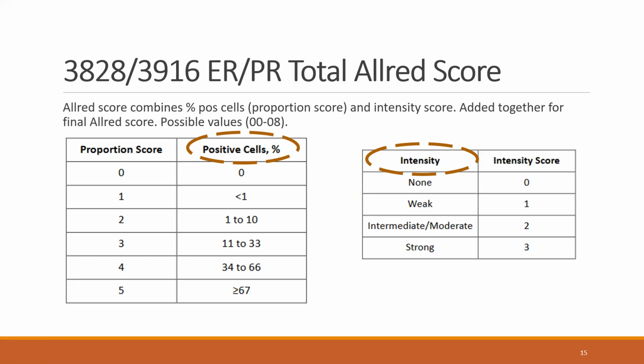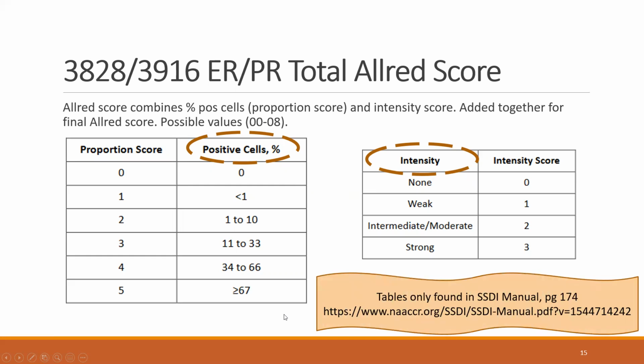You are going to look down to the range. So say your ER is 90%. That falls greater than 67. So you're going to grab the 5. And your intensity is intermediate or moderate. You're going to grab the 2 and you're going to add those together. 5 plus 2, your all-red score would be 7.